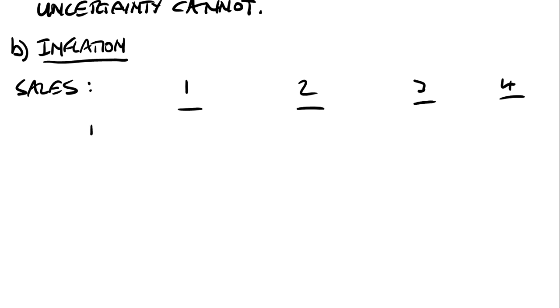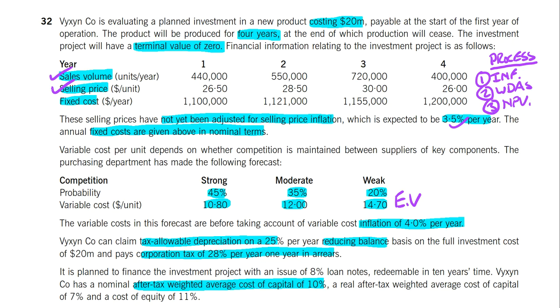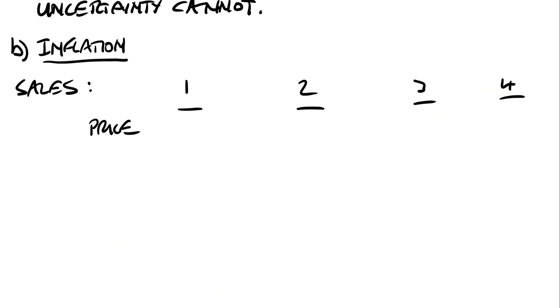And the sales price that we are given in the question is 26.5, 28.5, 30, and 26. So 26.5, 28.5, 30, and 26.